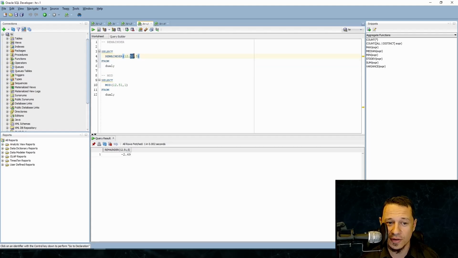If we change the number to 7.49, the closest multiple of the second parameter is 10, and the difference is 2.49. So we'll get minus 2.51.